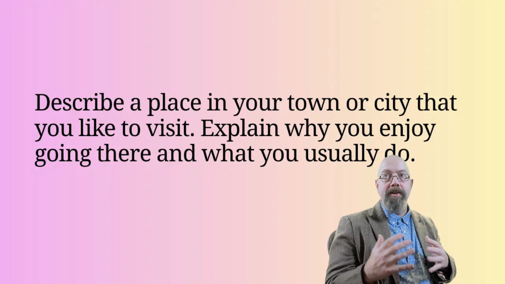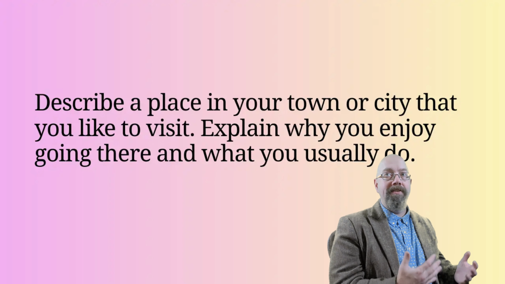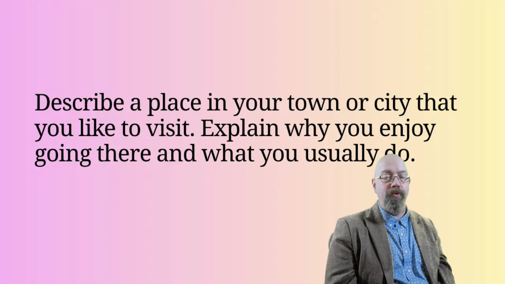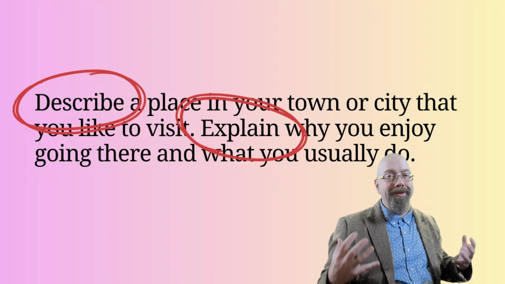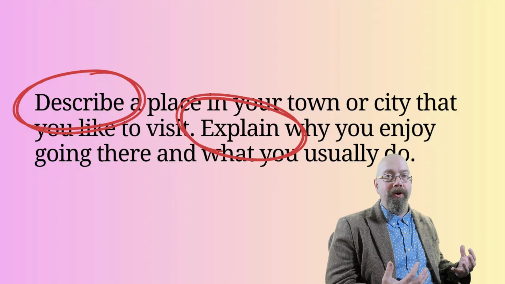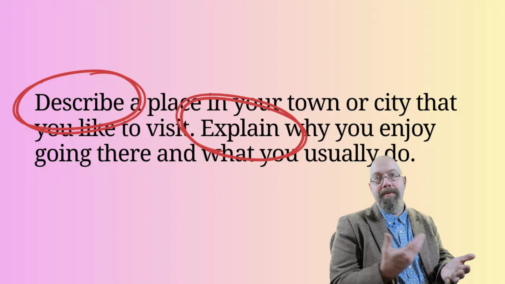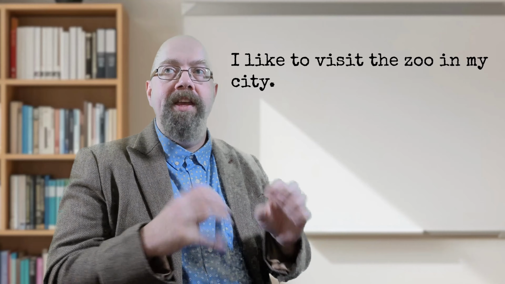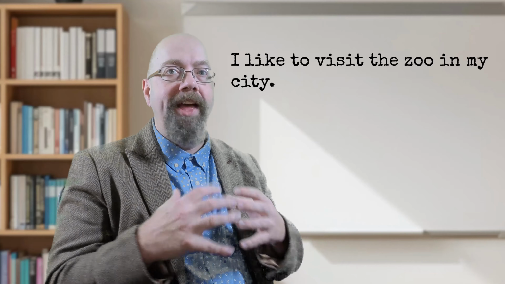Describe a place in your town or city that you like to visit. Explain why you enjoy going there and what you usually do. First important words are the first words of the sentence, describe and explain. They just mean write and tell us about something. The next part is describe a place in your town or city that you like to visit.